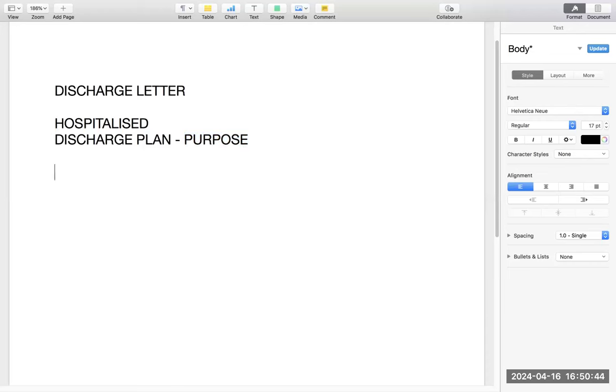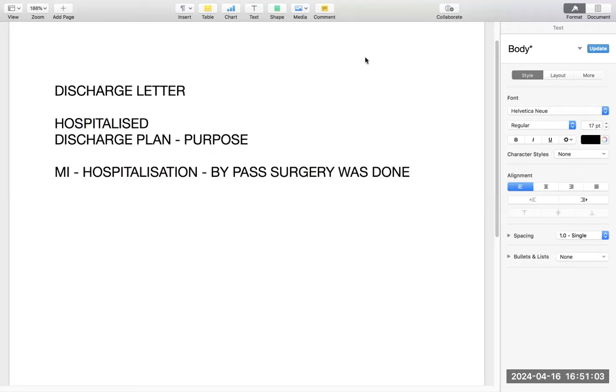Suppose I will give you an example. A patient came with MI, myocardial infarction. In the hospital, that means hospitalization, maybe bypass surgery was done. After bypass surgery, the condition of the patient improved. So now what will happen?